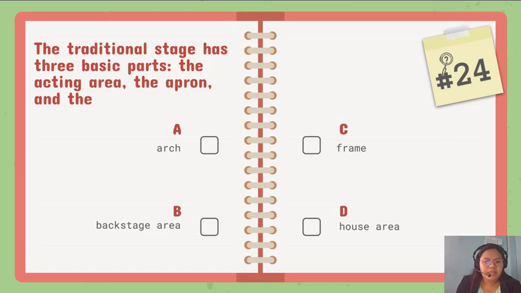So for this item, the correct answer is letter B. The apron is the area closest to the audience, which is in front, from the actor's perspective. Whereas the acting area is the middle part between the apron and the backstage area. So, the correct answer is letter B, the backstage area.